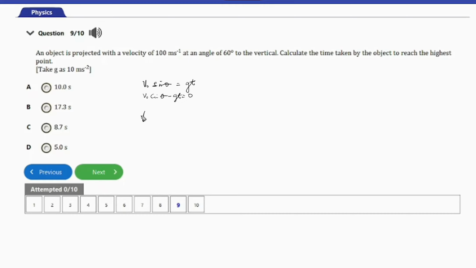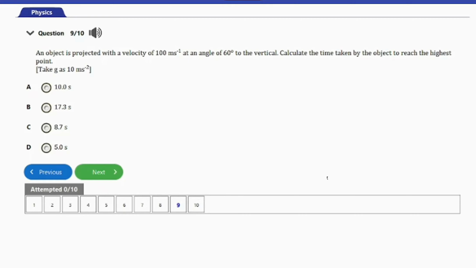That means T is equal to V naught sine theta over G. In that case, V naught is the velocity of projection, which is 100 meters per second, and sine theta is sine 60, so 100 sine 60 over 10 will give us 8.7 seconds, and that's option C here, guys. So that's it for this question.